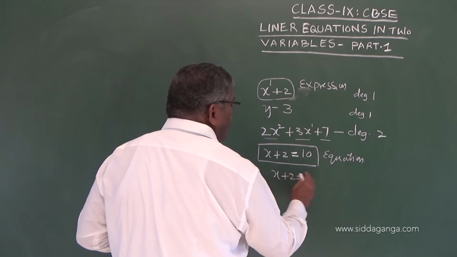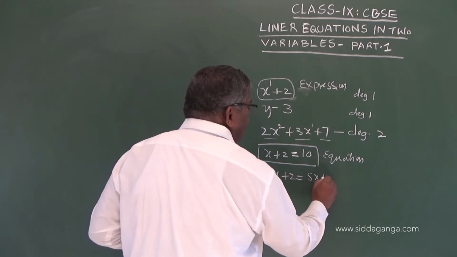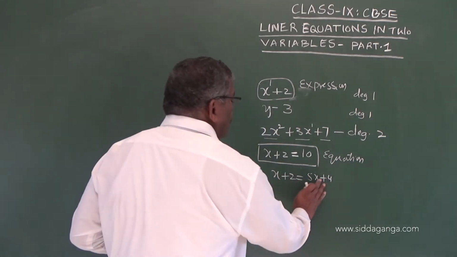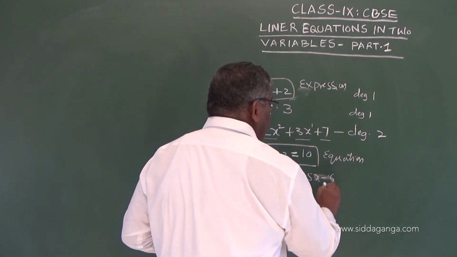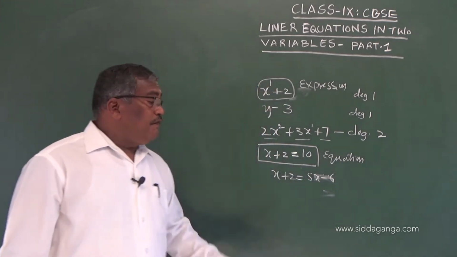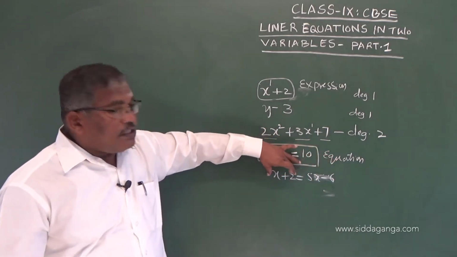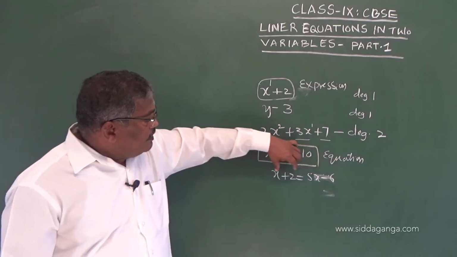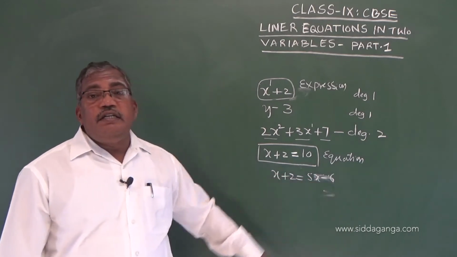It may be x plus 2 equals, let us say, 5x minus 6. This is one expression, this is another expression, and the two expressions are equated. We call this statement an equation.